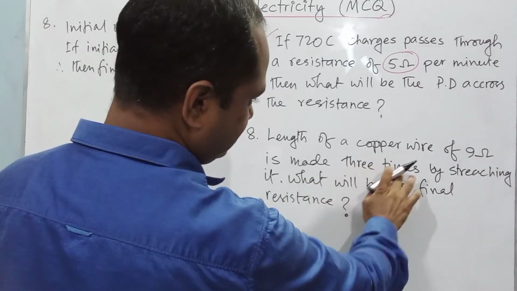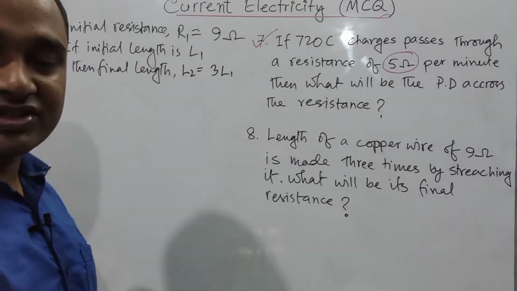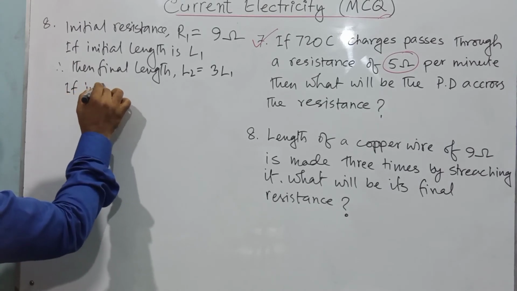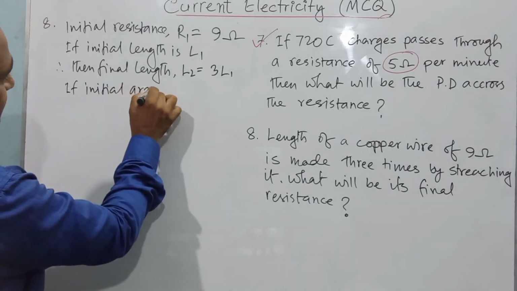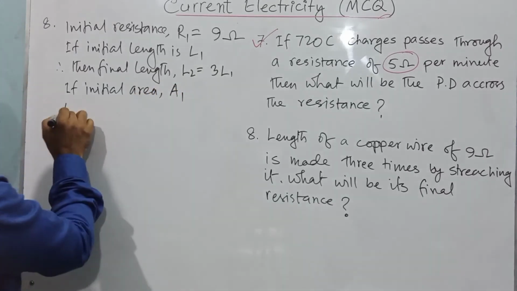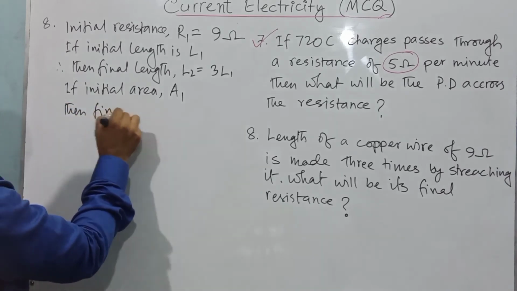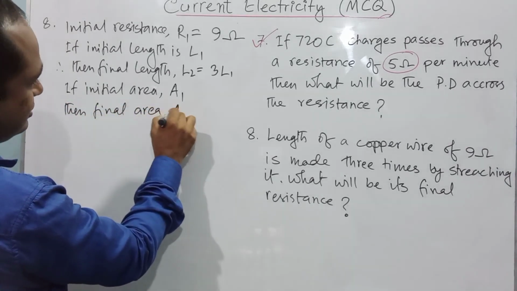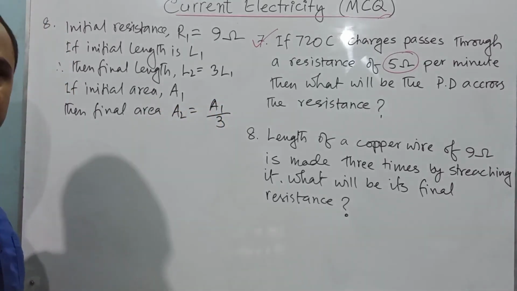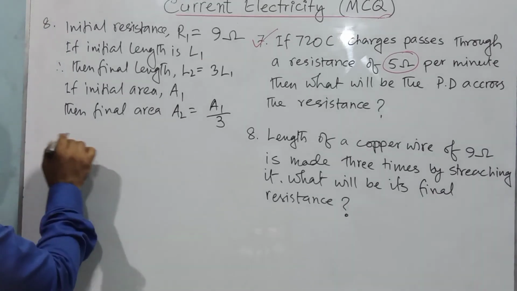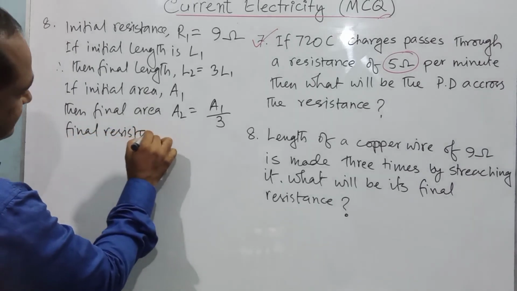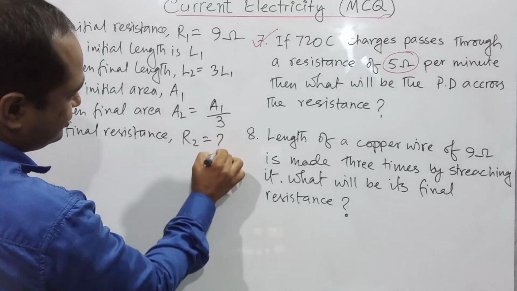They told us that the length is made 3 times by stretching it. At the same time, if the initial area of cross section is A1, then the final area of cross section A2 is equal to A1 divided by 3, that is the area will be decreased. So we have to calculate the final resistance. R2 is equal to what?